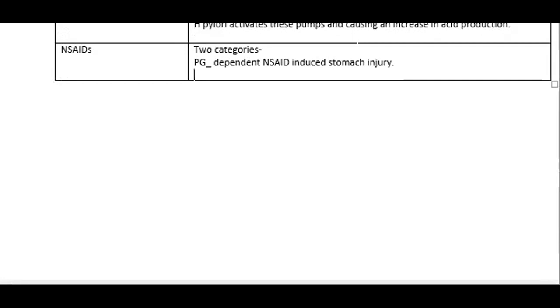And we know that aspirin, which is an NSAID, inhibits the COX enzyme irreversibly, while the other NSAIDs inhibit the COX in a reversible manner.